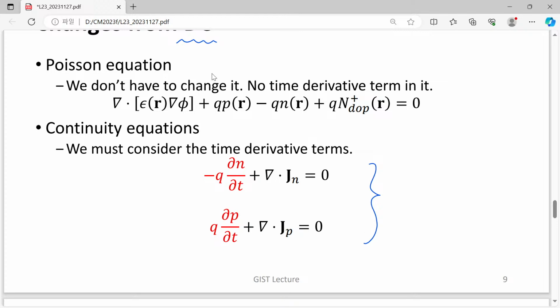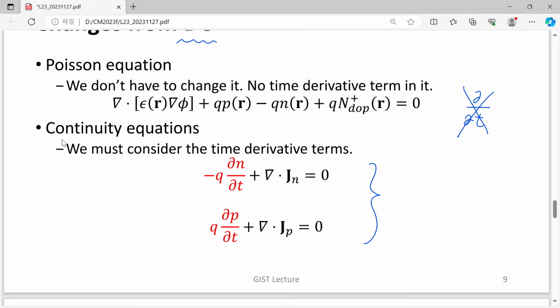It is because the Poisson equation doesn't have any time-dependent term. Since there is no time derivative term, the calculation of the potential is always instantaneous. So the instantaneous values of our electron density and hole density determine the electrostatic potential. So we don't have to change the Poisson equation.